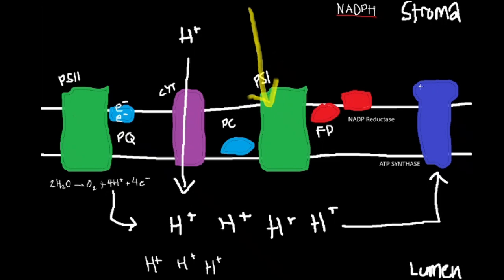And a great example that I can give you is that it's like a generator, when you do mechanical stuff like pushing or pulling, and it spins the motor and then creates energy.